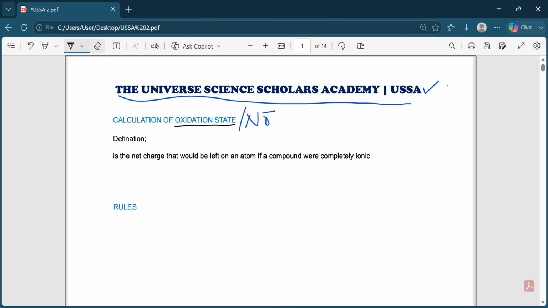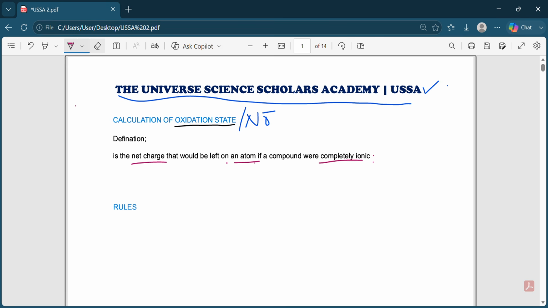An oxidation state can simply be defined as the net charge that would be left on an atom if a compound were completely ionic. Or specifically, we can have a compound and we decide to ionize all the other elements in the compound and we only remain with one atom of an element.